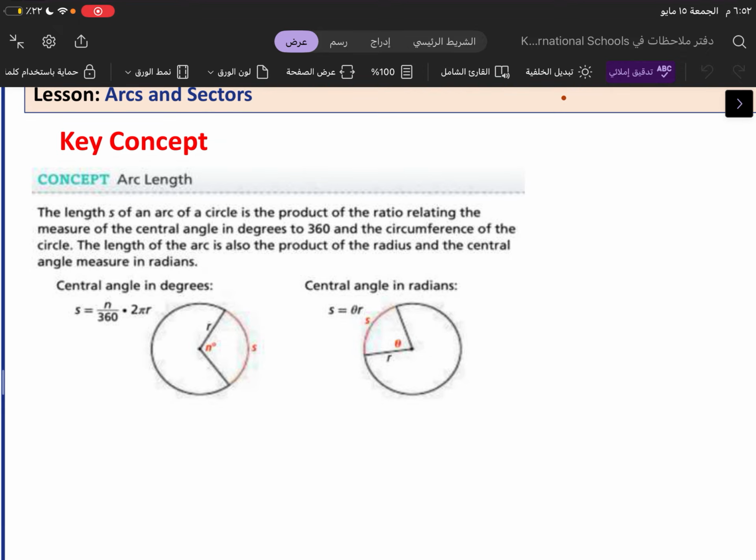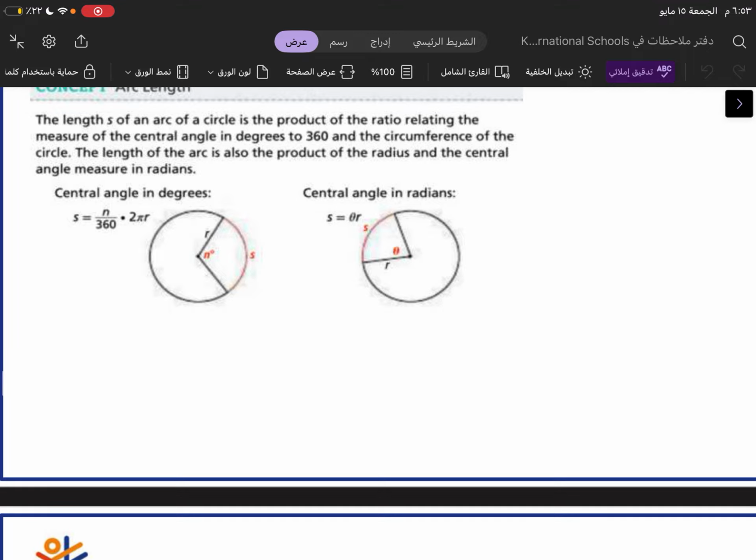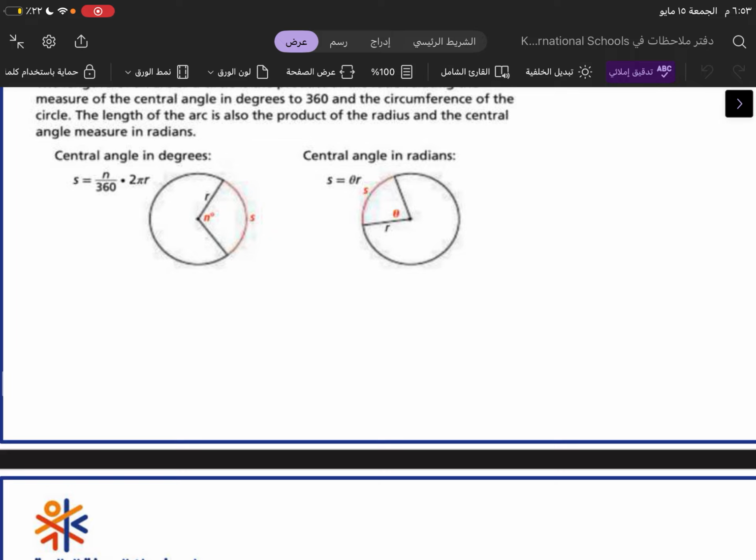Here, in this lesson, we will find the arc length, okay? And to find the arc length, as you know, we need the radius and the angle. We can find the arc length in two ways, and it depends on the given information or the question.